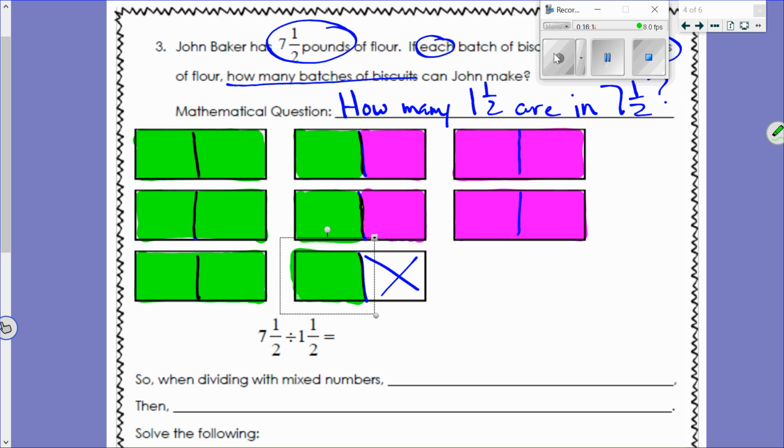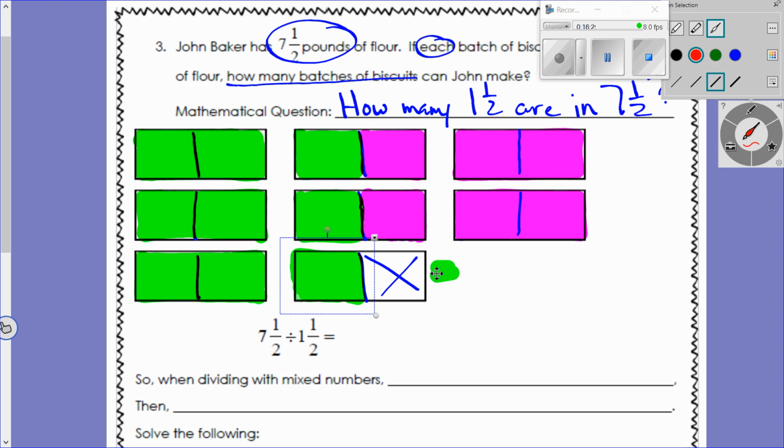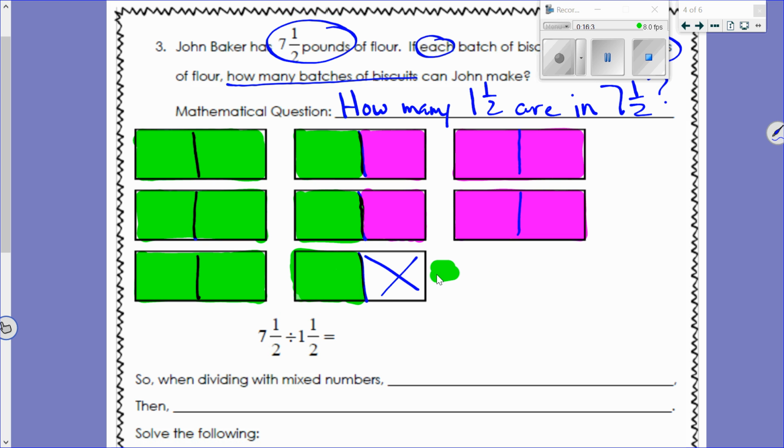So how many did we end up with? 5. I've got 1, 2, 3, 4, 5. So once I divided the 7 1/2 into 1 1/2s, I ended up with 5 of them. Does that make sense?